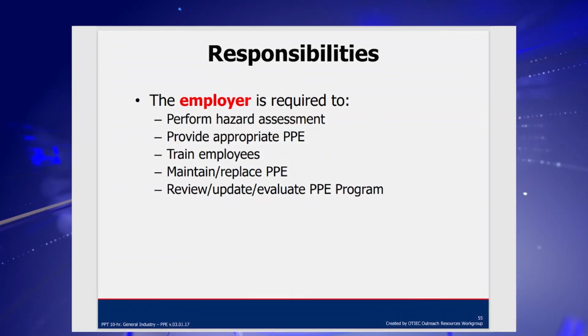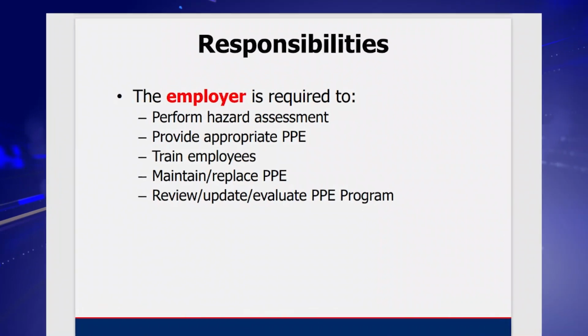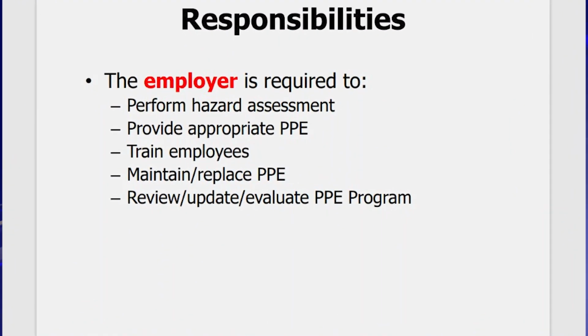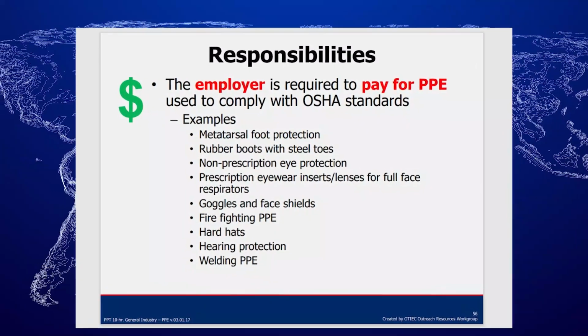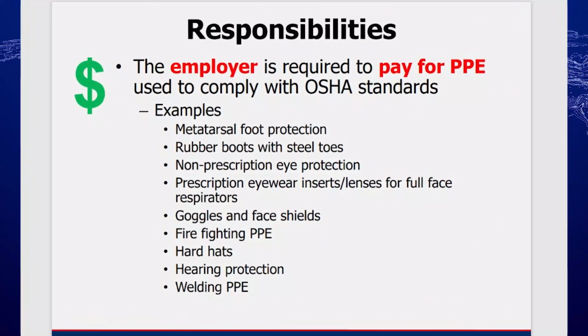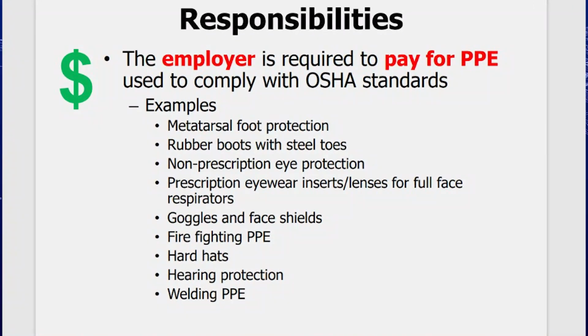Responsibilities. The employer is required to perform hazard assessment, provide appropriate PPE, train employees, maintain or replace PPE, review, update, evaluate PPE program. The employer is required to pay for PPE used to comply with OSHA standards.